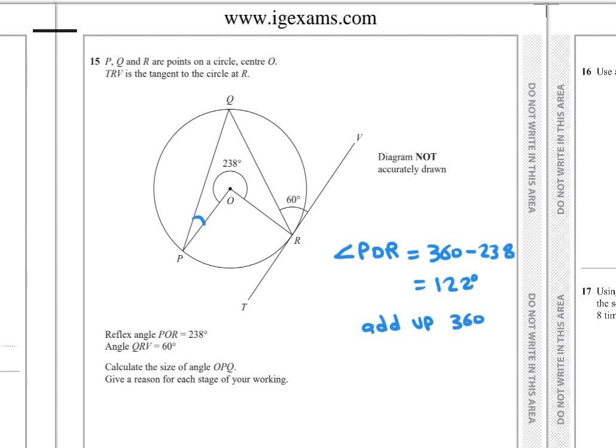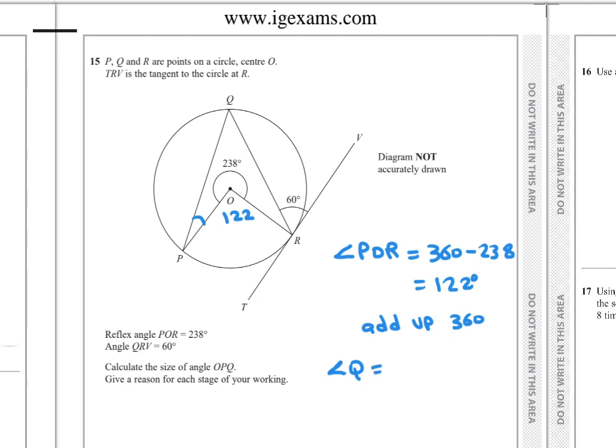Now this angle is 122. We can find this angle because this central angle and the circumference angle are opposite to the same arc. So the circumference angle is half the central angle. So this angle is 61.